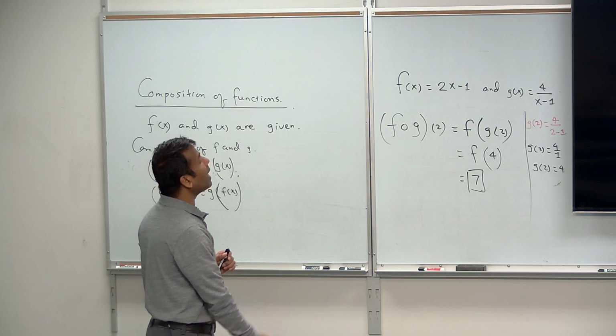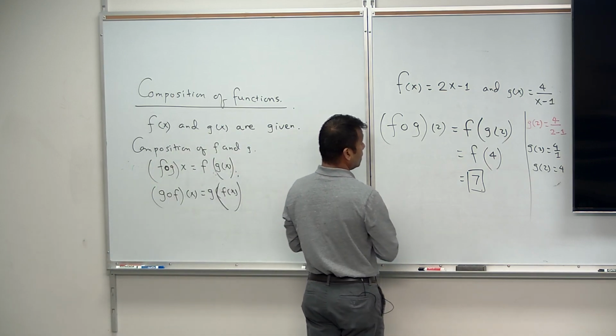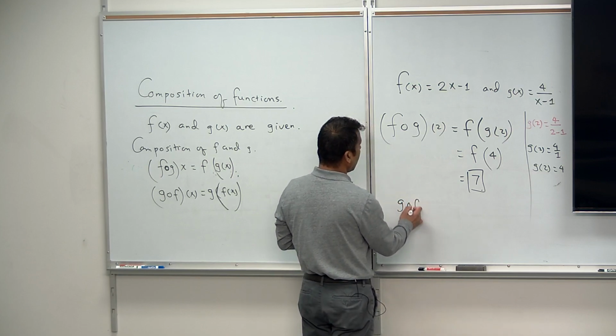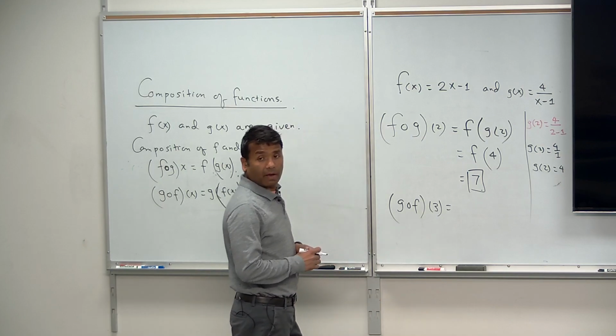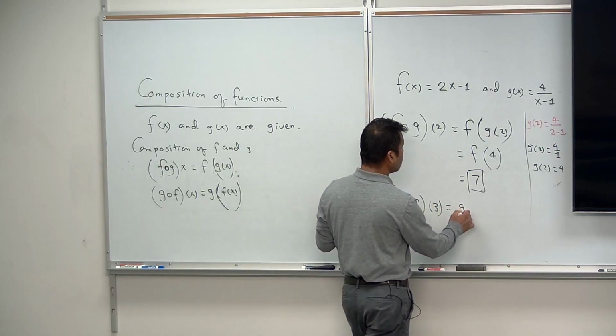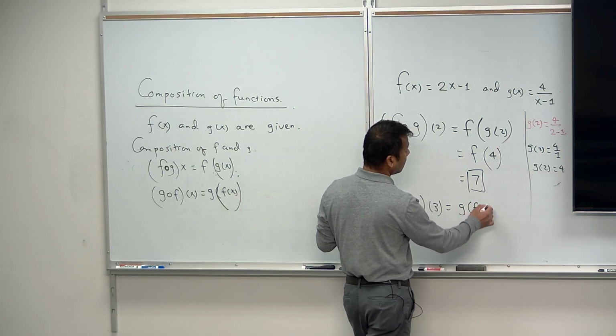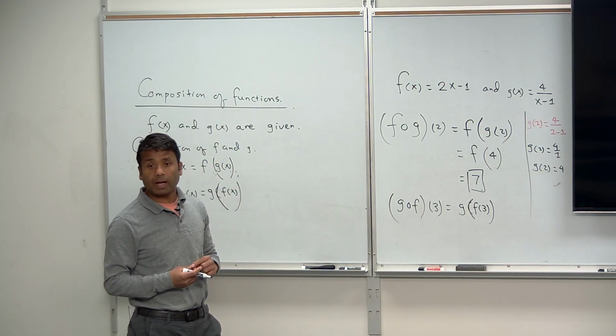So now if you want to find g circle f of 3, so by definition, what will be here? So this is same as g of f(3). This is by definition. Is that right?